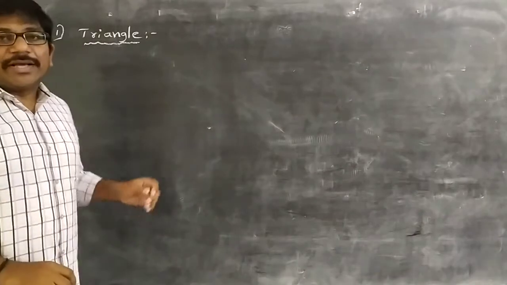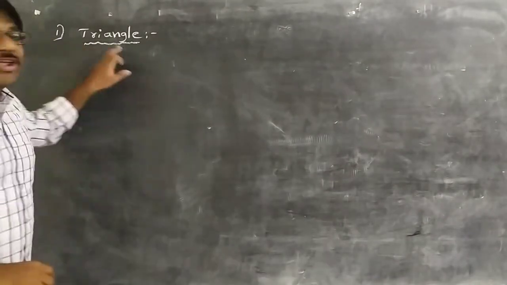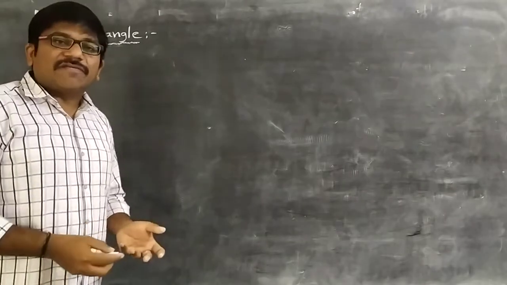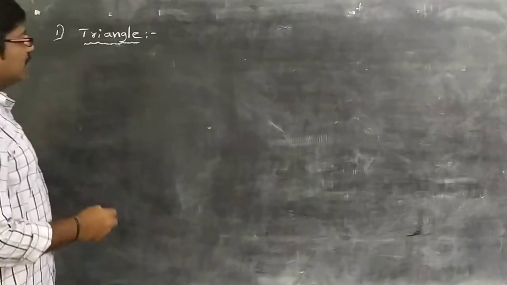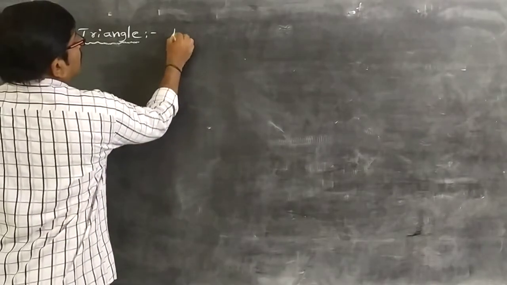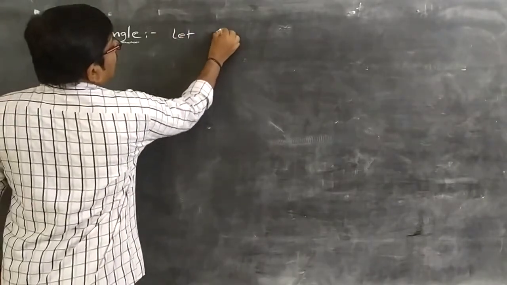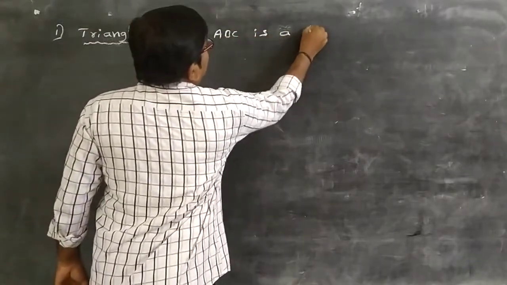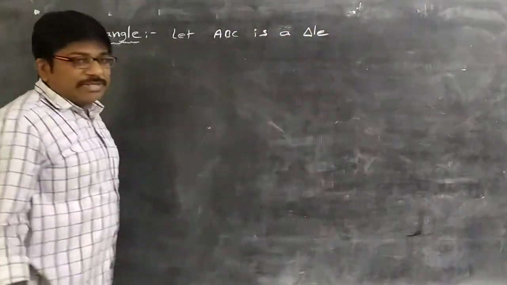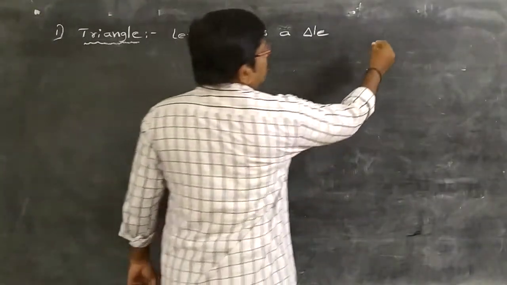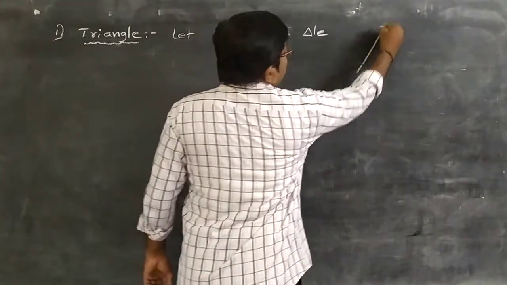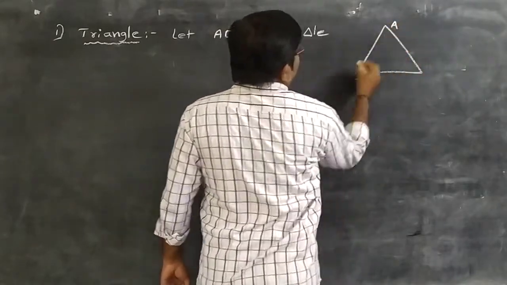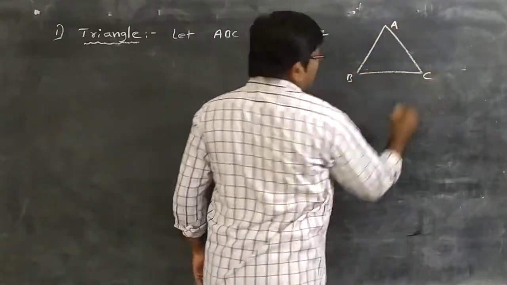Let's take the first plane figure, the triangle. What is the area of a triangle? How to find the area of a triangle? Observe carefully. Let ABC be a triangle. Draw the triangle ABC.